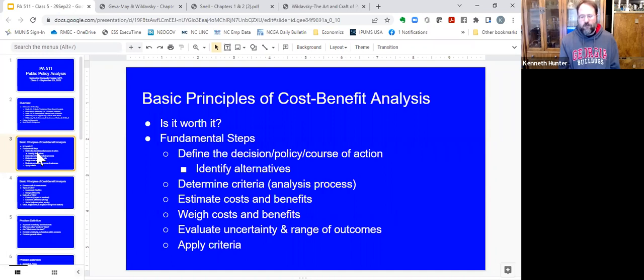Then you also have to evaluate uncertainty. There's no guarantee that a policy or a course of action is going to achieve the desired outcome. There are certain degrees of probability or percentages of probability that you can represent, like, for example, with the fire station.